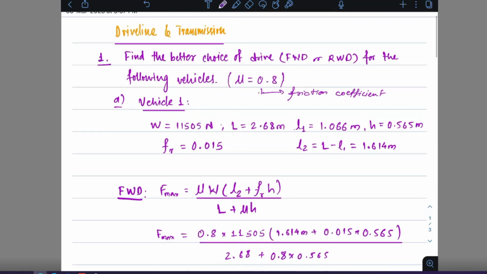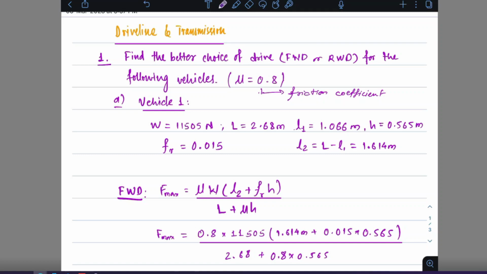So yes, we were discussing a question. We are discussing today questions on driveline and transmission. The first question we are dealing with is to find the better choice of drive, front wheel drive or rear wheel drive, for the following vehicles, and we are expected to take the friction coefficient mu as 0.8.